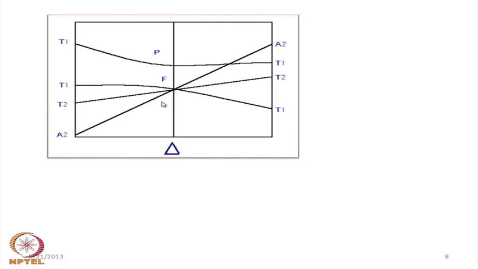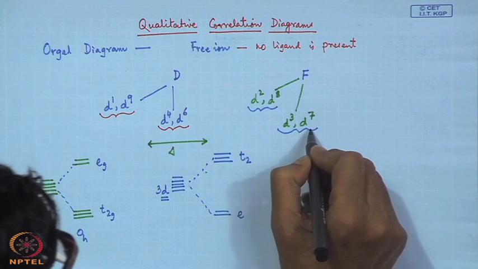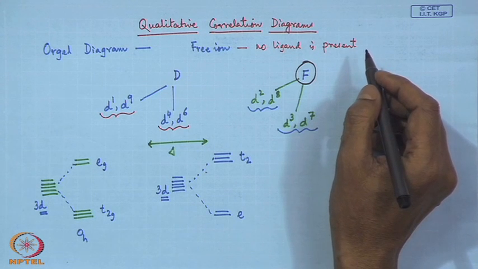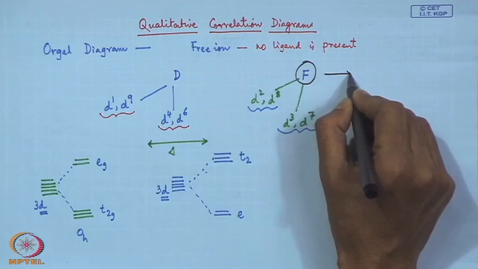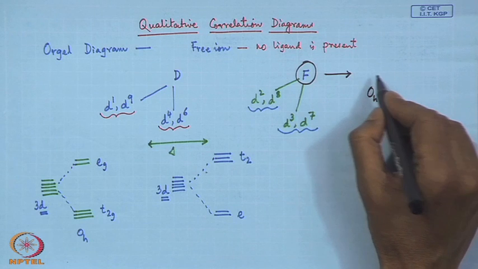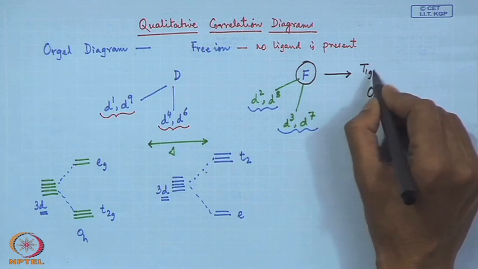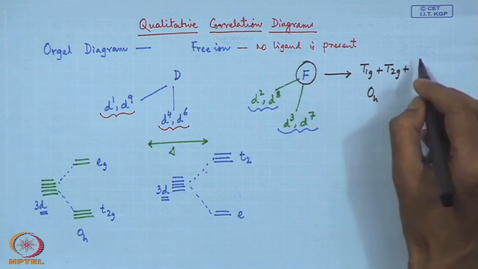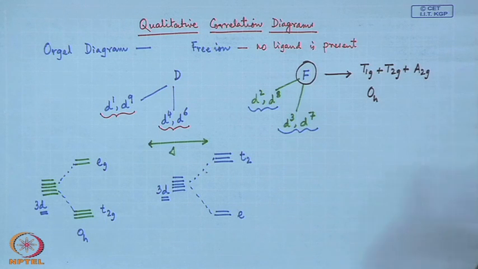Now, we see the second one, the F term. If we have these F terms, which are for D2 and D8 and D3 and D7, we will be generating the corresponding F term, and we have seen that a particular F term, when placed in an octahedral crystal field, will be split into T1G plus T2G plus A2G.